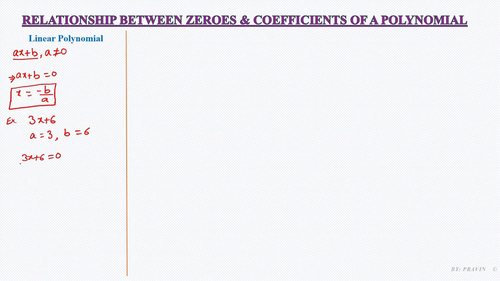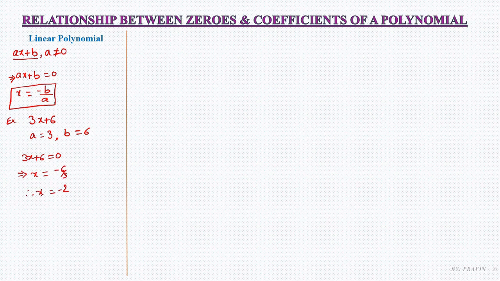Why are we equating it with 0? Because we want the value of this polynomial to be 0, and for that we will get some value of x which will satisfy this condition. So solving this, we get x is equal to minus 6 by 3. So x is equal to minus 2.